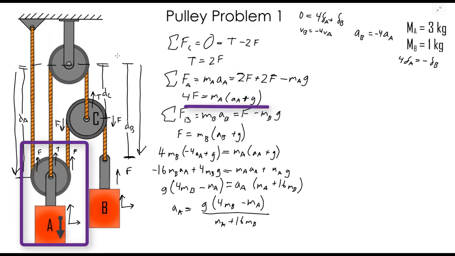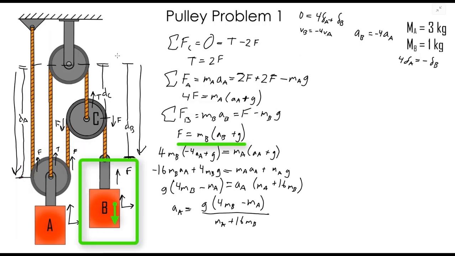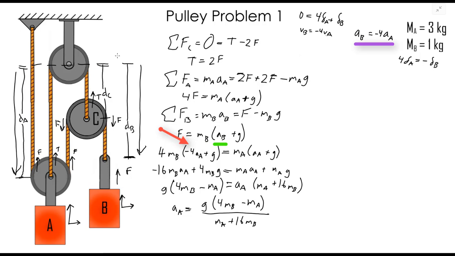We did our free body diagram of A and got this equation, then our free body diagram of B and got this equation, plugged this into here, and were also able to plug this one in there as well. So we have just AA, and then we solved for AA. Simple as that. It was just algebra from there on out. Not too bad in the end.